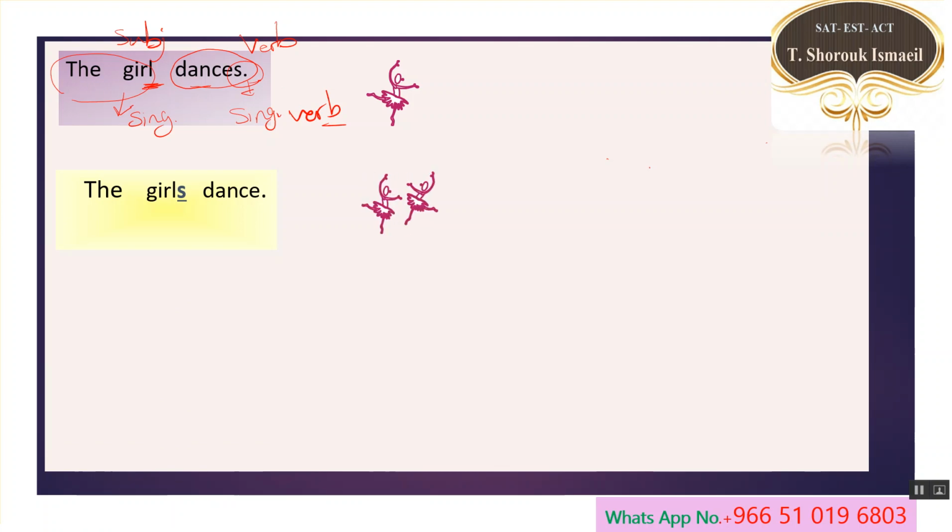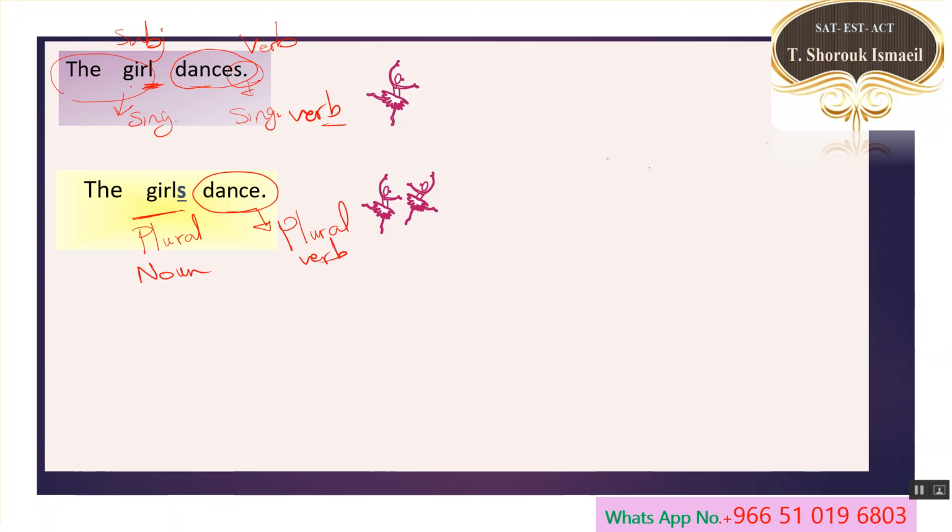The girls. Now here we changed our subject from the singular case into the plural case, so our subject here is a plural noun. Let's have a look at our verb here. My verb here is again in the plural, so I have a plural verb.